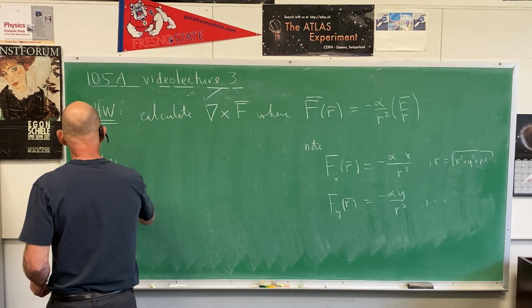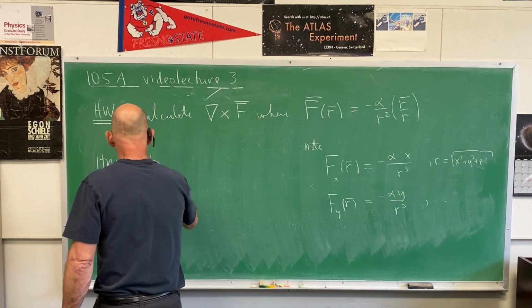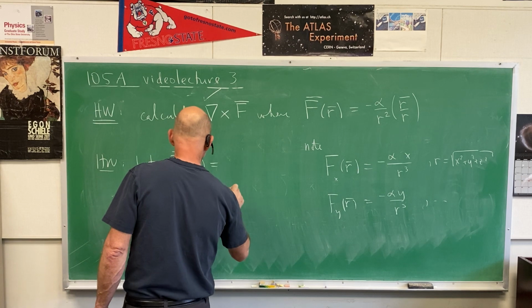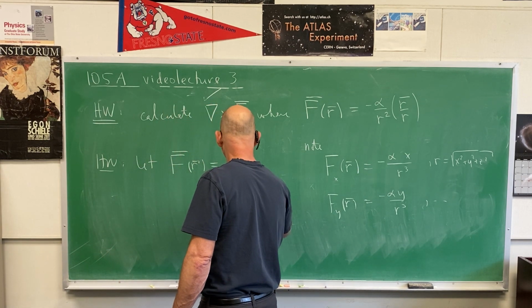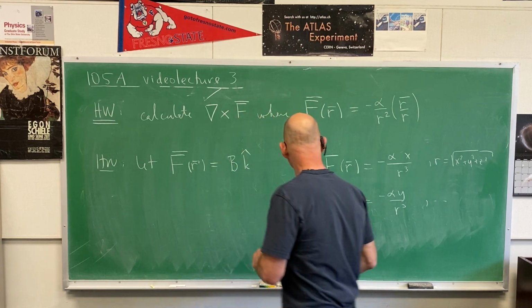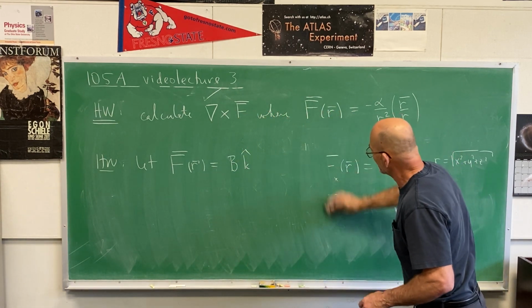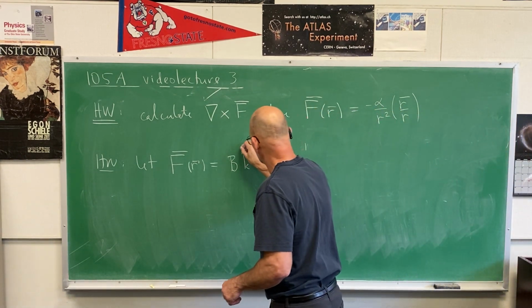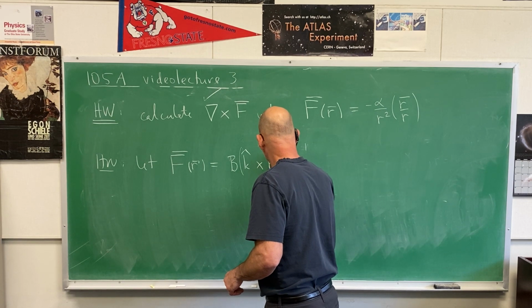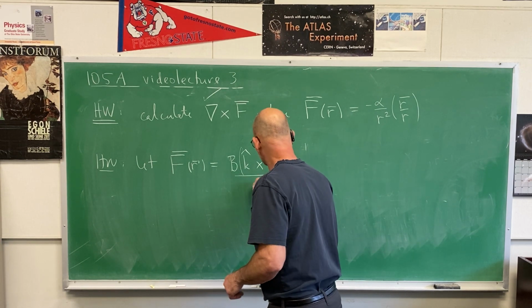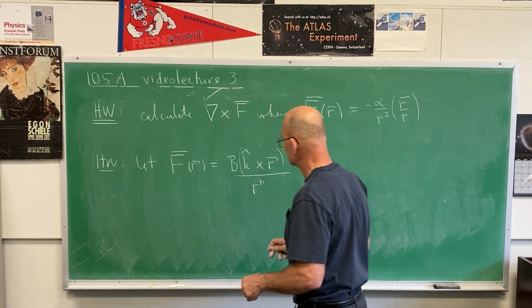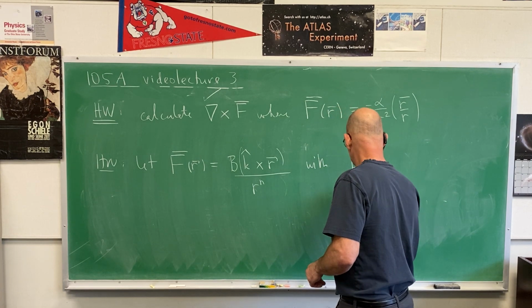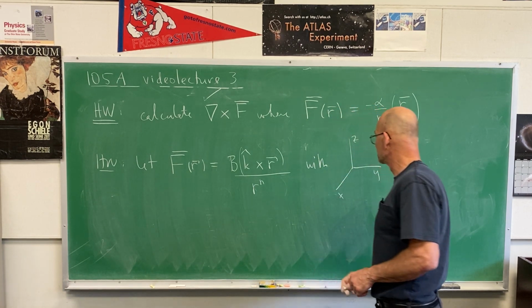So, last problem, let f of r equal B k hat cross r over r to the n, with x, y, z, right?